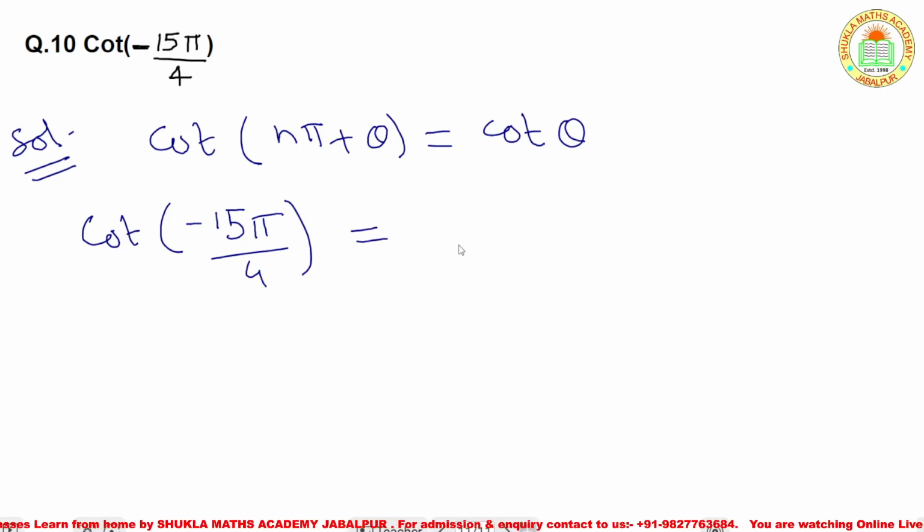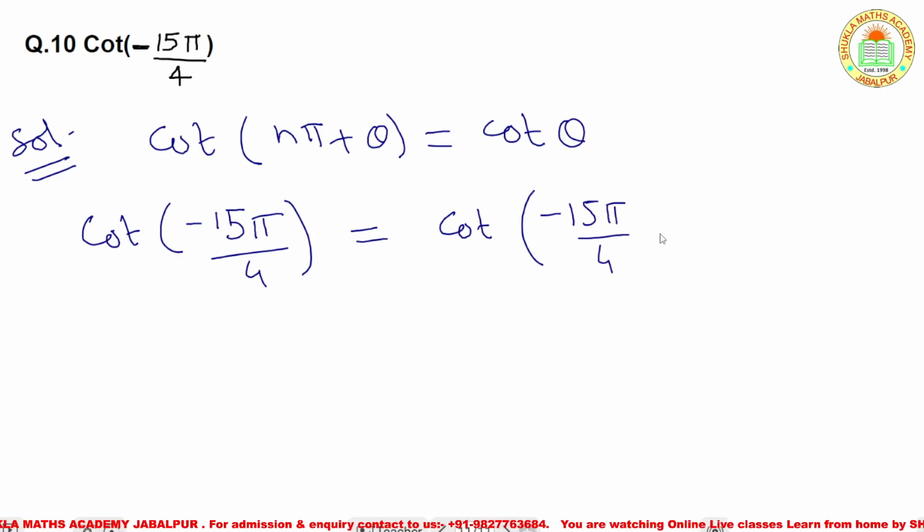What value will we add here? The angle is coming negative, so we will add some multiple of pi. We will take 4 pi because 4 into 4 is 16, and 16 is the next value after 15, right? So we will write here a multiple of pi, that is 4 pi, and simplify it.